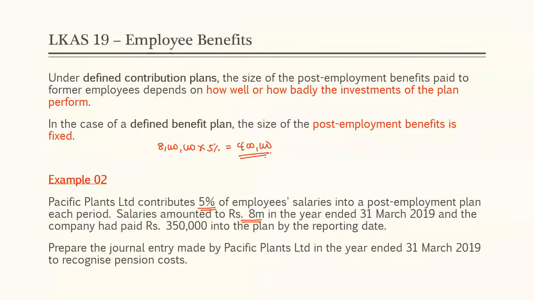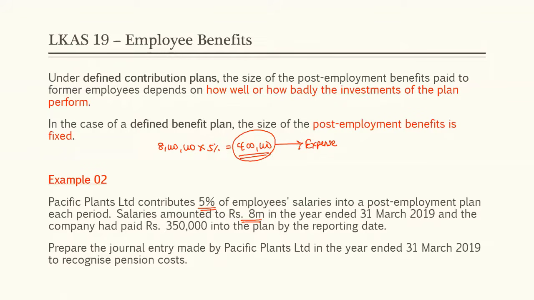This is an expense for the company. The employer's contribution to the EPF, the company's contribution, is an expense for the company. This is the same. 5% of the salary is the employer's contribution.